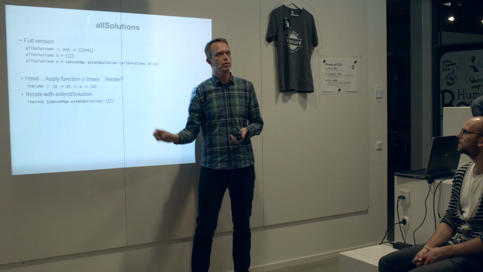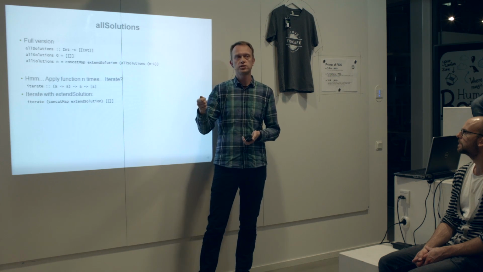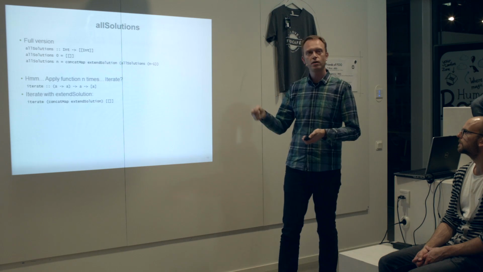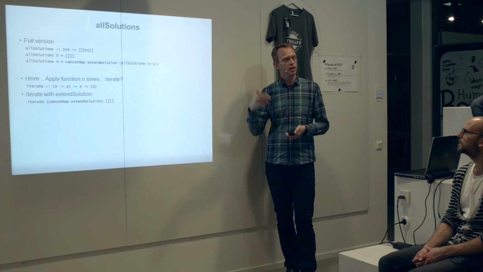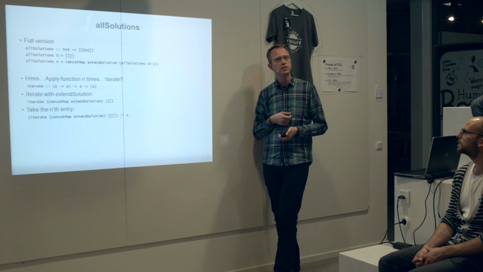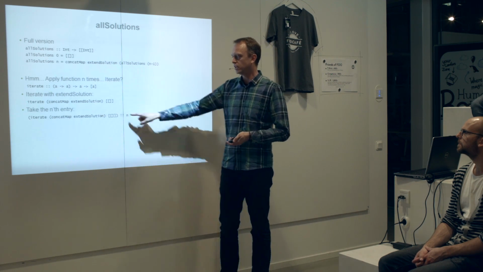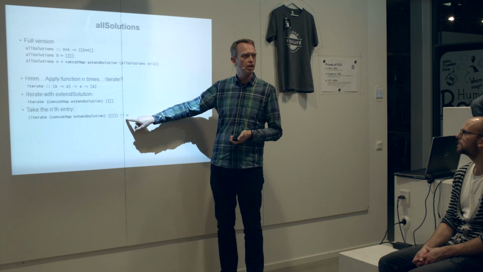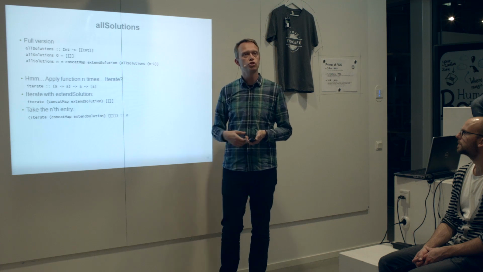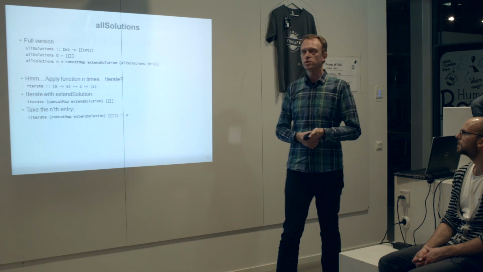The second element will be all the possible solutions where I added 1 queen. The third element will be all the possible solutions where I've added 2 queens, and so on. And then I can just take number 8, or number n that I'm looking for. So I can just do indexing like this. Double exclamation and n. And as I am providing 8 to this one, I will get all the solutions there are for 8 queens.